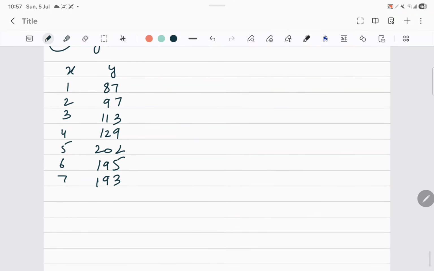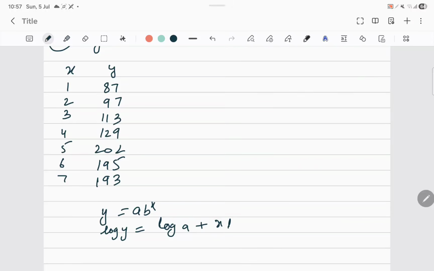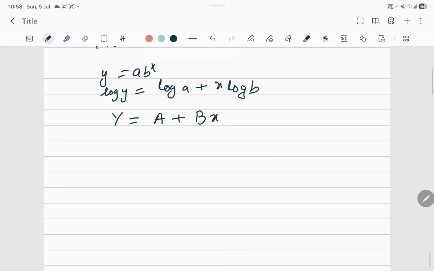Okay. So now let's first try to write down the normal equation. a b to the power x means log y is equal to log a plus x log b. So this will become capital Y is equal to a plus bx. Since x value is not changing, I will take small x only.